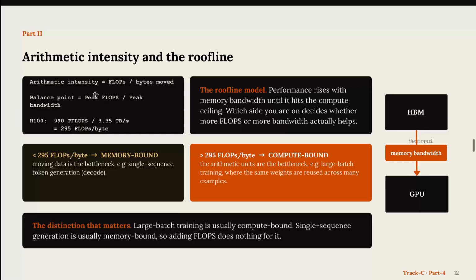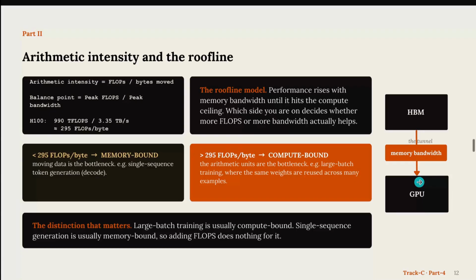For example, 990 T flops for 3.35 terabytes per second is approximately 295 flops per byte. This flops per byte helps you understand the token generation capacity of the GPU based on the high bandwidth memory, the memory bandwidth, and the GPU.